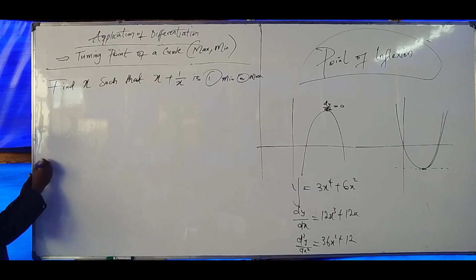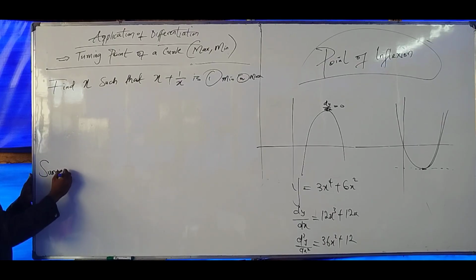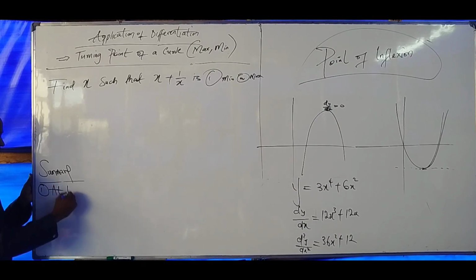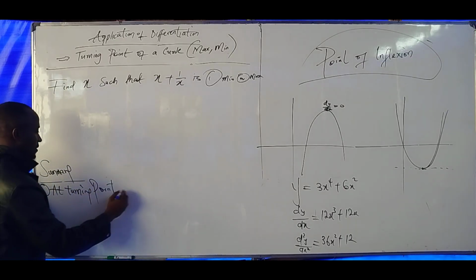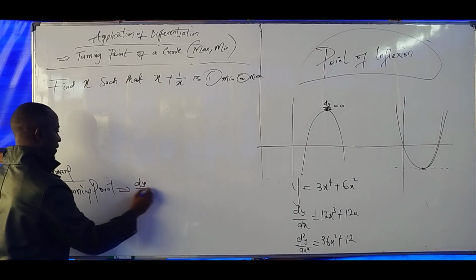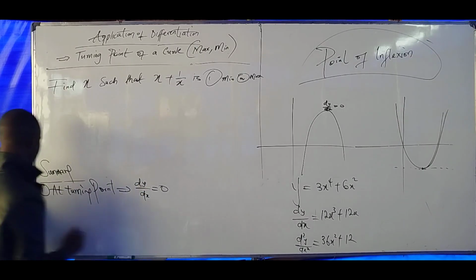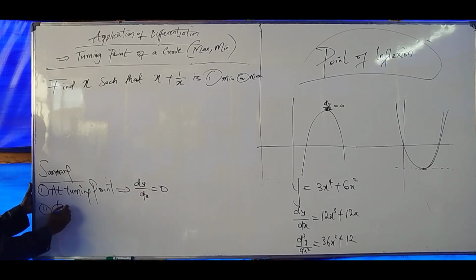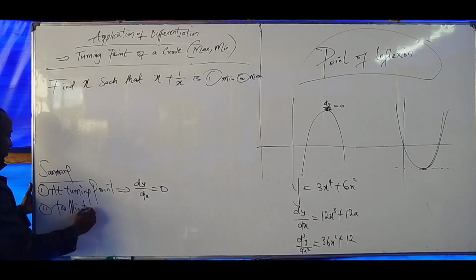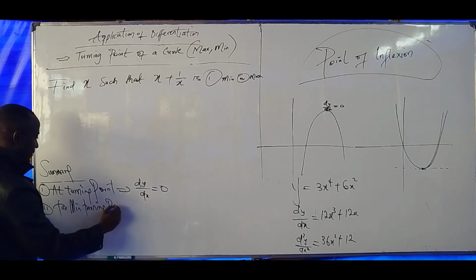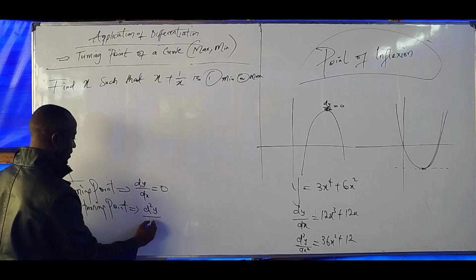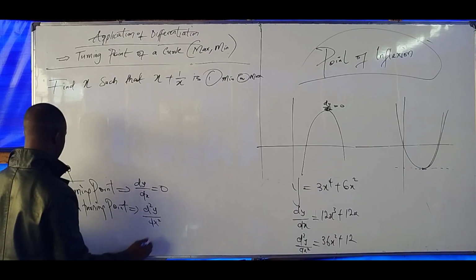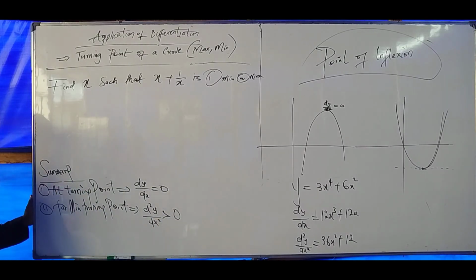Don't forget, in summary, number 1, at turning point. If you can write it down to help us. At turning point, what do we say happened there? dy/dx is equal to what? 0. Number 2, for minimum turning point, what happened? d2y over dx squared is greater than what? 0. Don't forget.